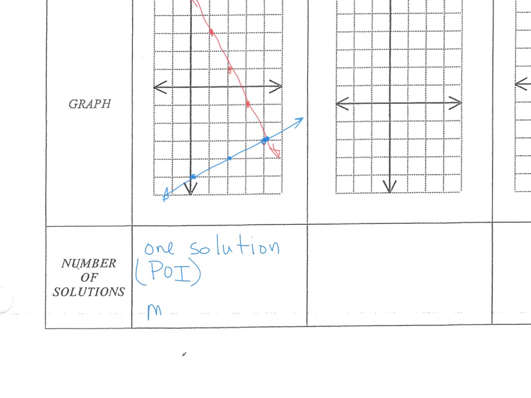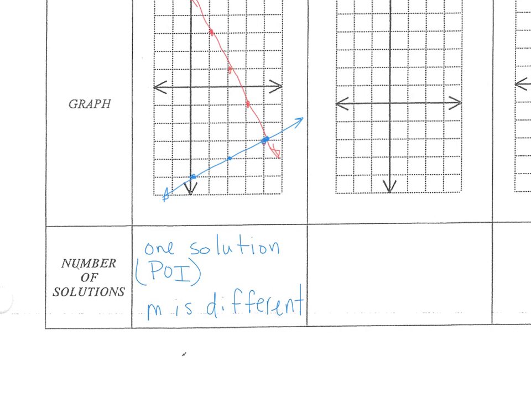The m is different. In our case, the b is different as well, but if the b is the same, there's still only one solution. If the b is the same and the m is different, the b is your point of intersection because the b is shared by both lines.